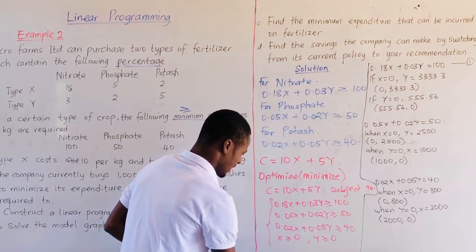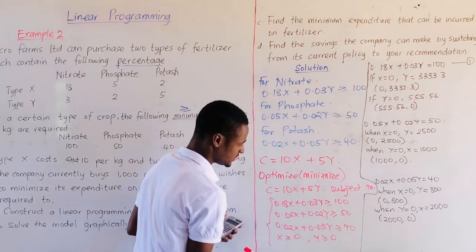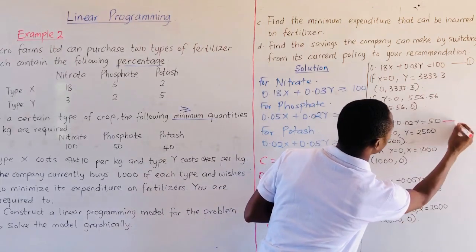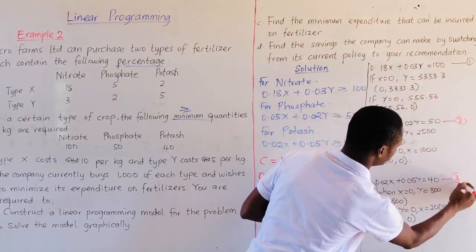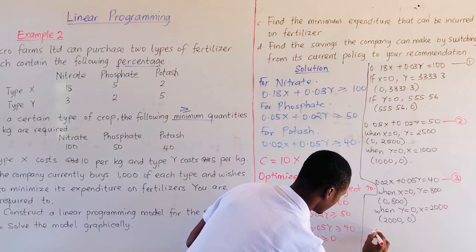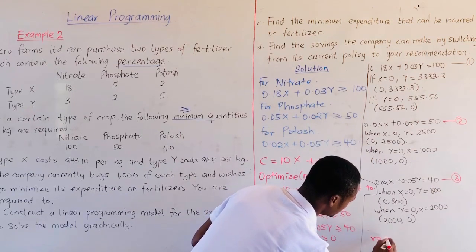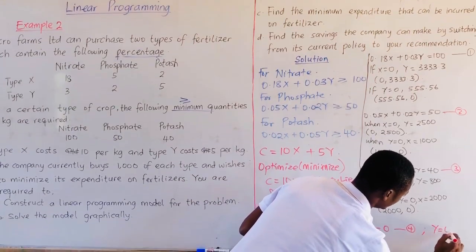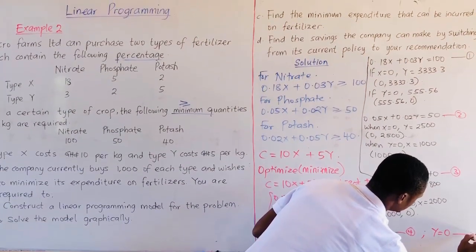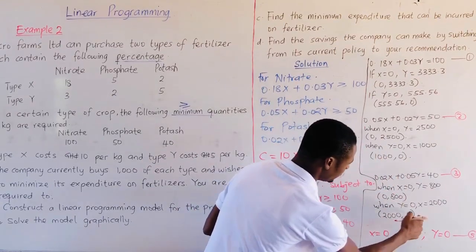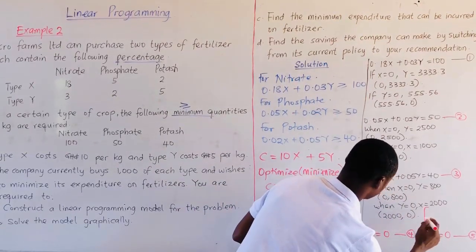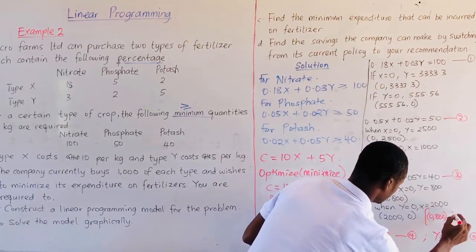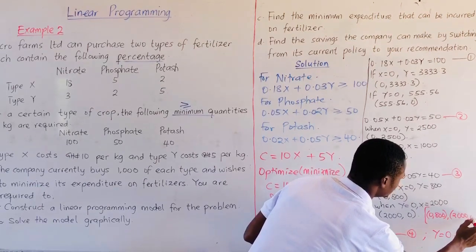Don't forget our non-negative constraints, which are equations. So this is equation 2, equation 3, and then equation 4, x is equal to 0. That is our equation 4. Equation 5, y is equal to 0. That is our equation 5. So from equation 3, we have these points. The first one is 0, 800, and the second one is 2,000, 0.